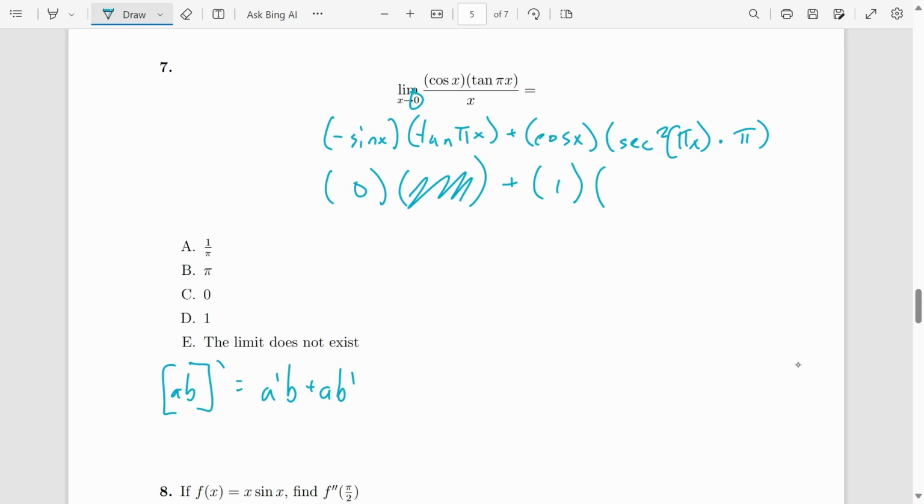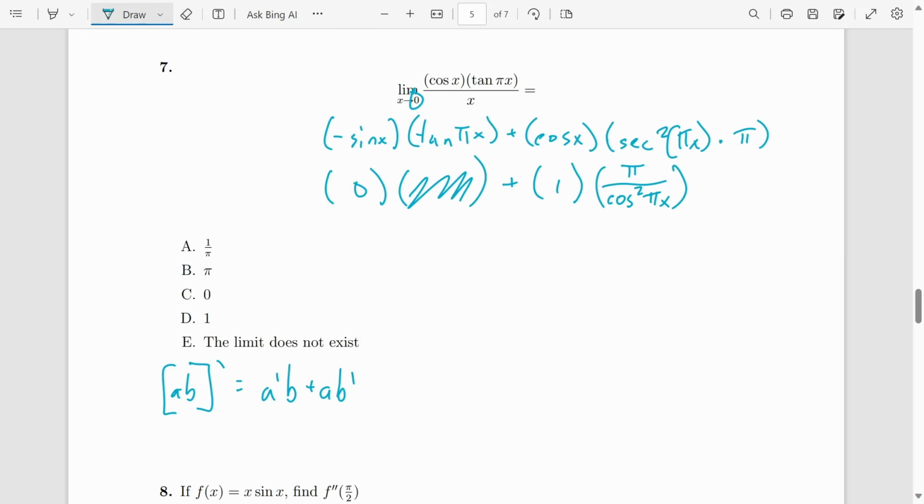We have a secant here, and I don't know what the heck a secant even means. So I'm going to rewrite this as 1 over cosine squared of pi x instead. And then also put this pi up in the top there since it's just being multiplied. So now we have that. We can forget about all that, that's multiplied by 0.